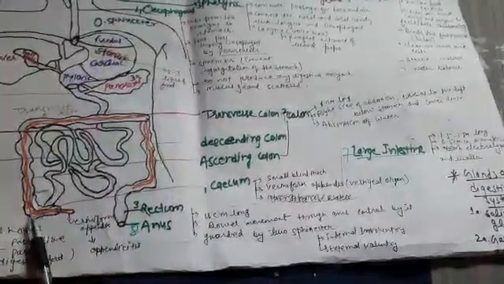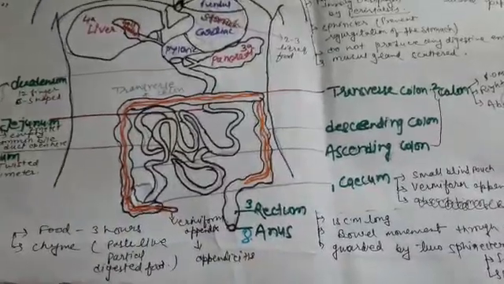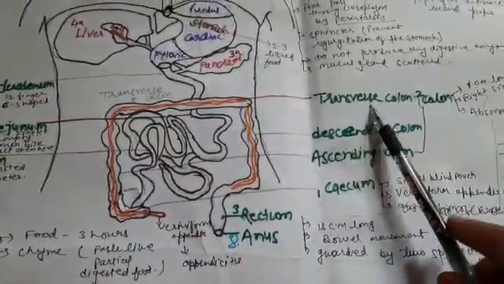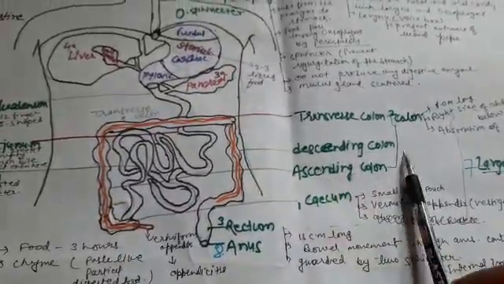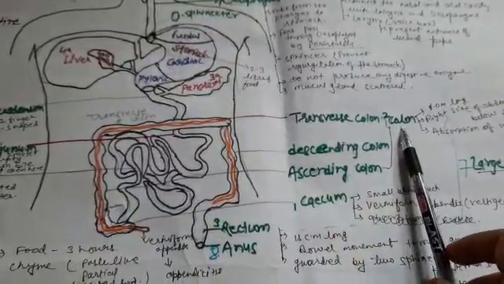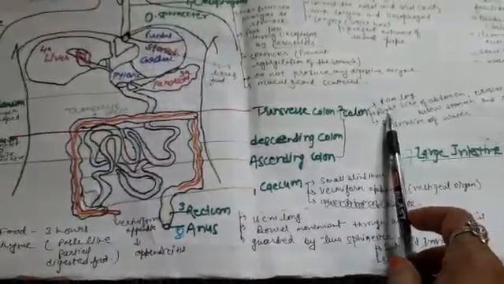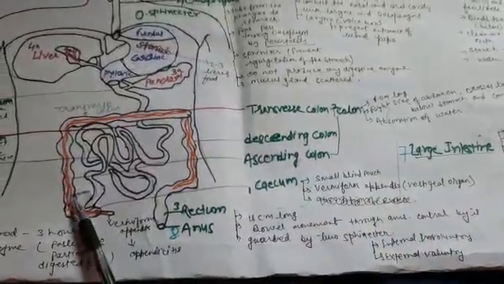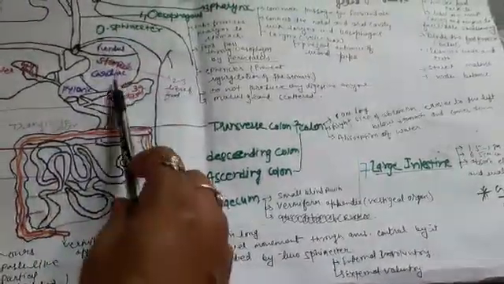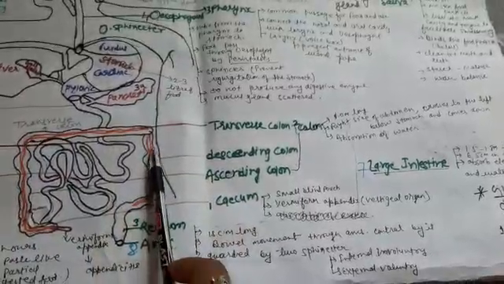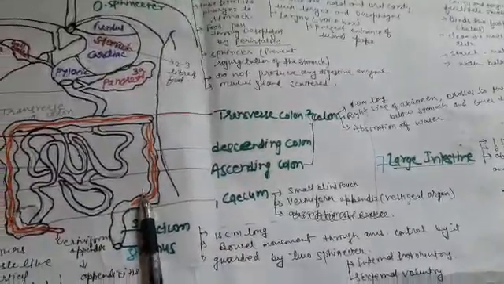Here the undigested food, whether in the transverse colon, descending colon or ascending colon, these all form the second part of the large intestine, that is the colon. It is 1 meter long, starting from the right side of the abdomen, crossing to the left below the stomach and coming down. Here the absorption of water takes place.